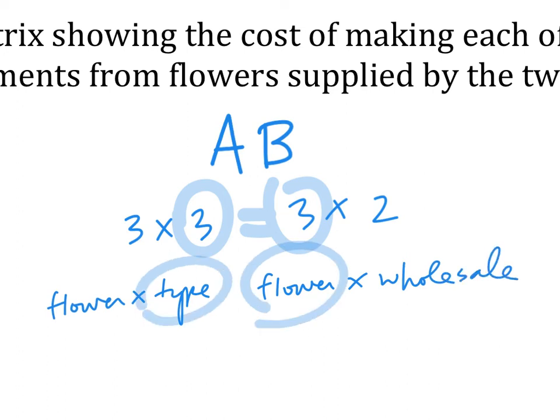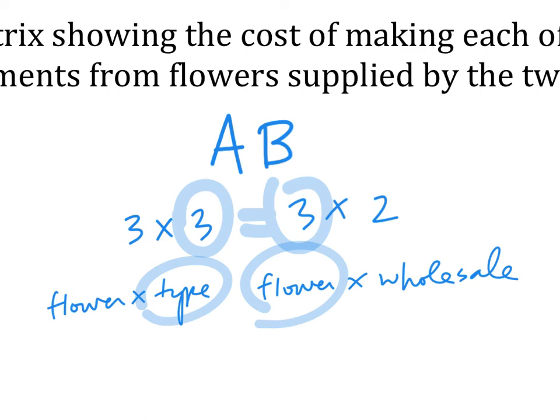No. They're not the same category. So even though the sizes tell us we can multiply them, the actual categories do not allow us. If you force it, sure, of course, you're going to get some numbers, but the numbers make no sense because you're mixing up all your categories. So you cannot do that.